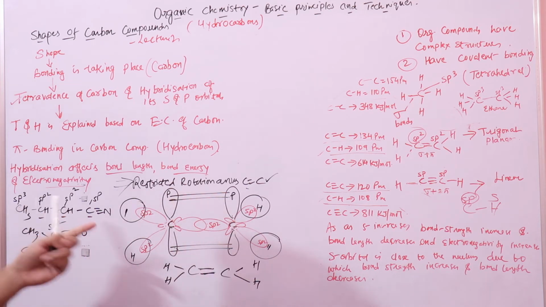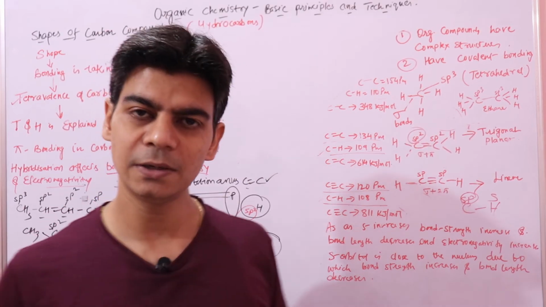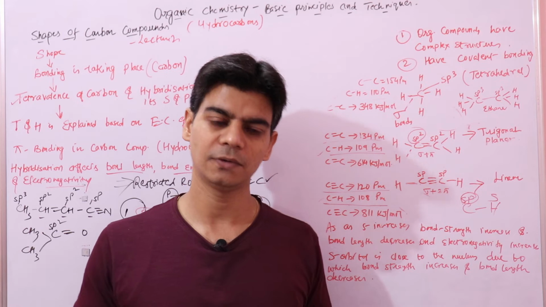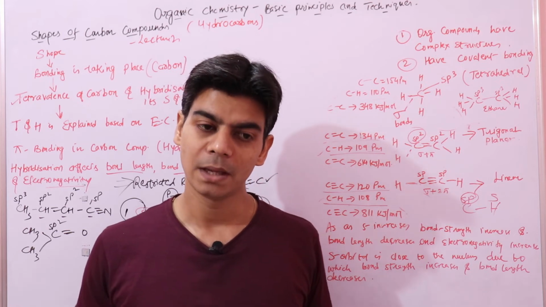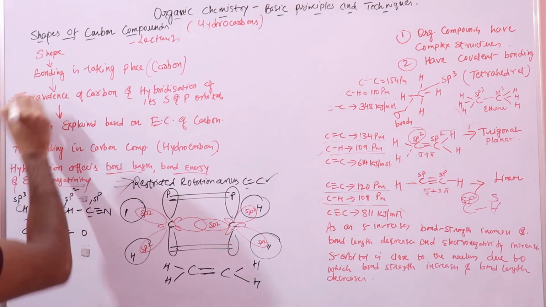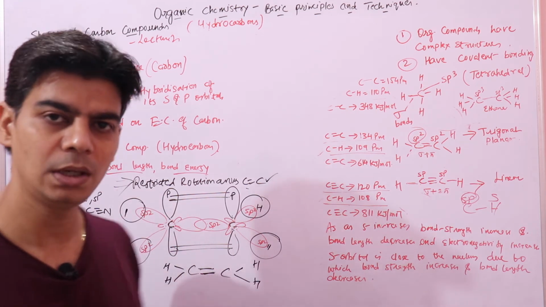That is why we have double and triple bonds in organic molecules. Now let's see how we can explain that. Firstly, why does it need explanation? We'll see in a moment.